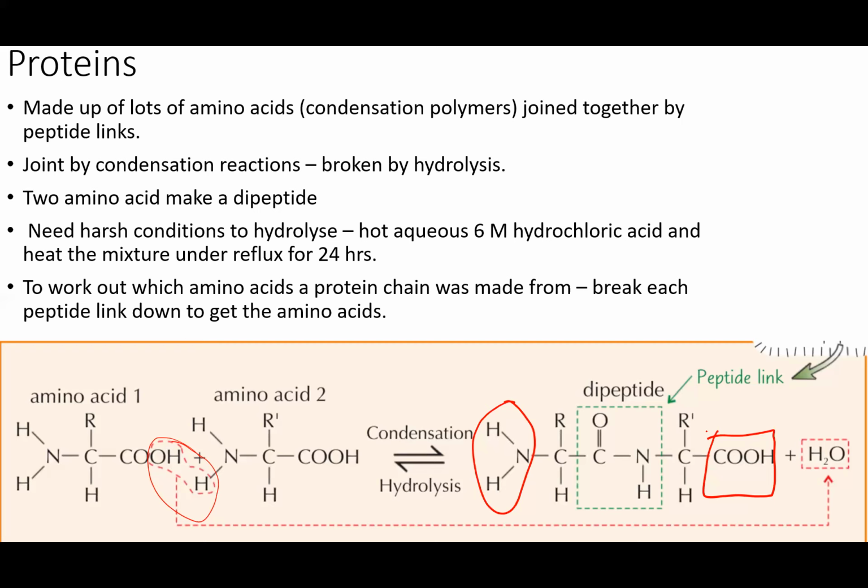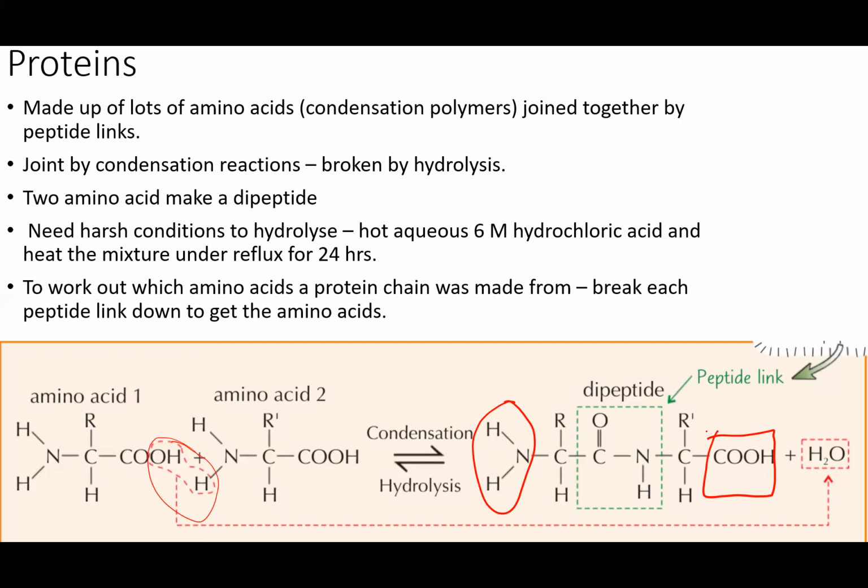And because proteins are condensation polymers, you are able to work out which amino acids a protein chain was made from. You can use the same method as what we talked about when we were looking at condensation polymers. So if you're not sure about that, have a look back at the condensation polymers video that we did before.